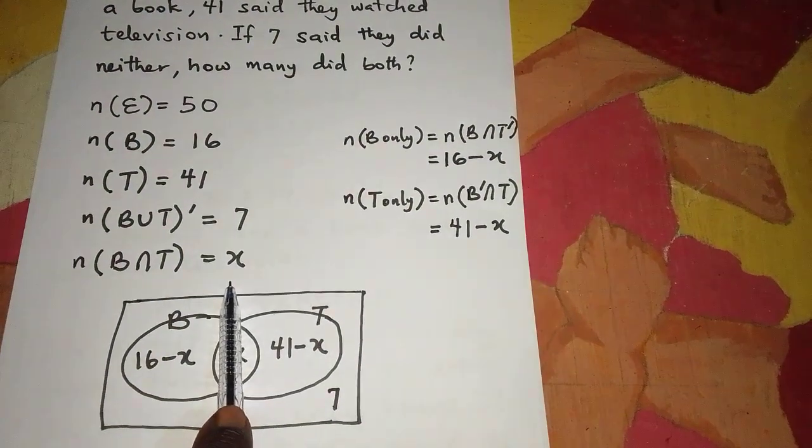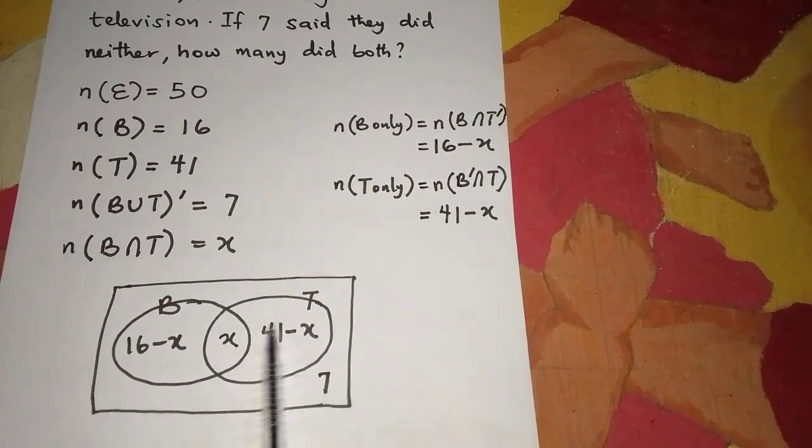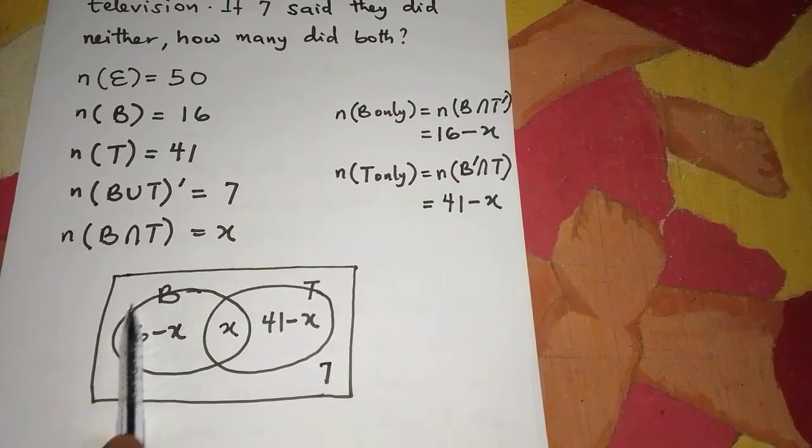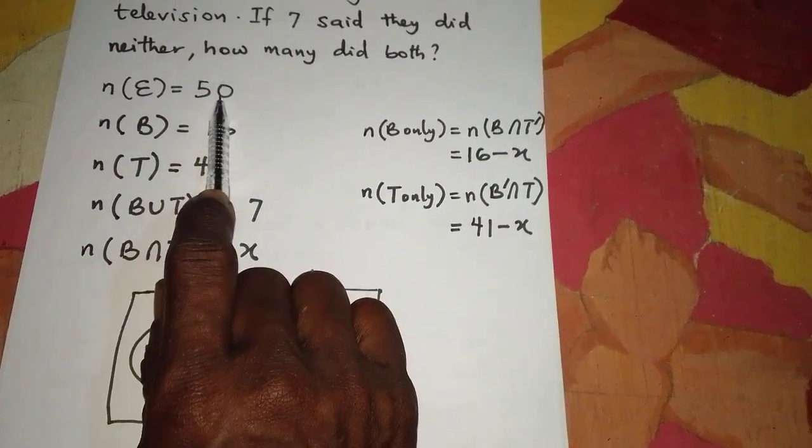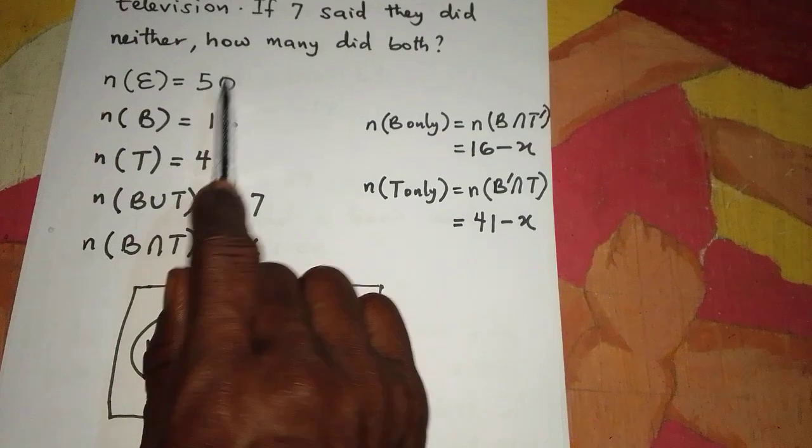So we want to know how many students watch television and read their book. We know we've used X to represent it. Normally, if you add everything in the universal set, it gives you the total number of elements in the set, which is 50.